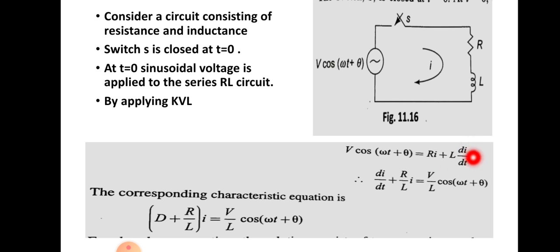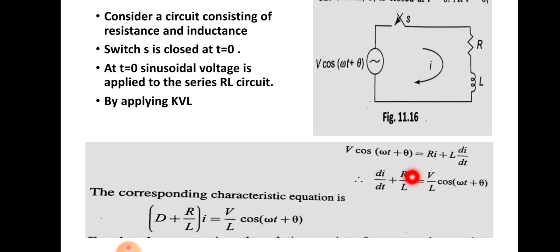In the di/dt term there is an L, so we can divide the entire equation by L. We get di/dt plus R/L into I equals V/L into cos(ωt + θ). This is a differential equation, and we can write it as D plus R/L into I, where D indicates d/dt.